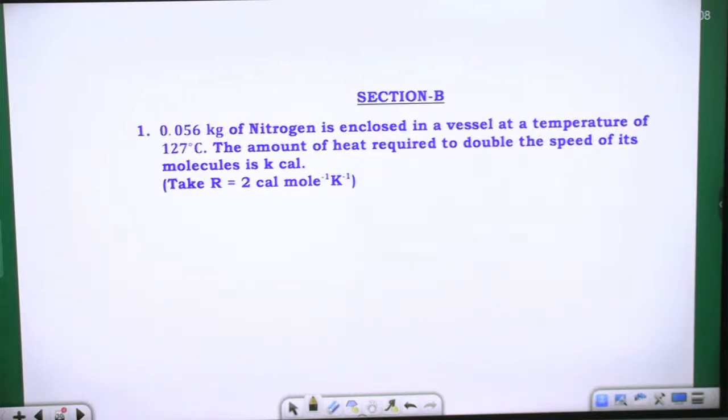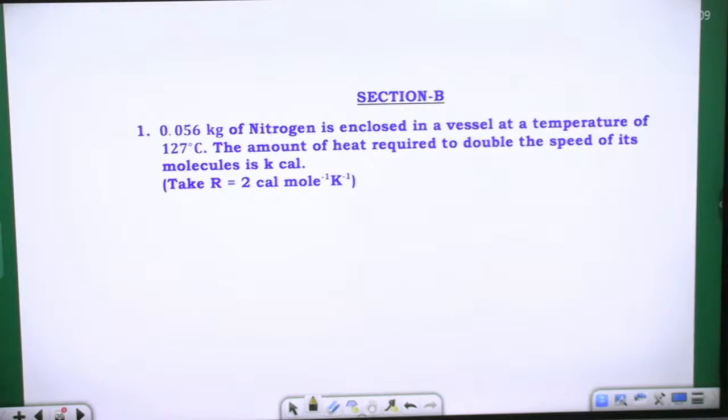Next, let's go to section B. So the first question says that 0.056 kg of nitrogen is enclosed in a vessel at a temperature of 127 degrees. The amount of heat required to double the speed of its molecule.